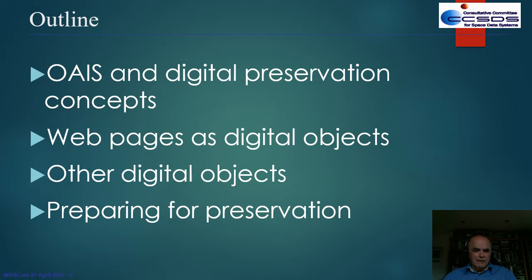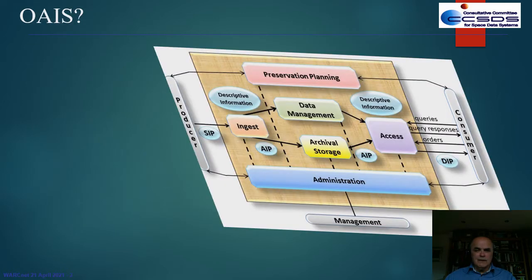As the title suggests, what I'd like to do is to describe OAIS and the digital preservation concepts embodied in that document, and how they should be applied to web pages in particular as digital objects, but also to all the other types of digital objects that websites give one access to, and say a few words about preparing for preservation.